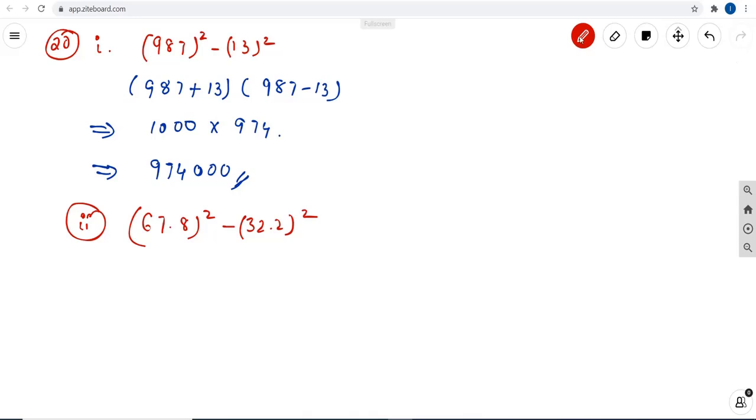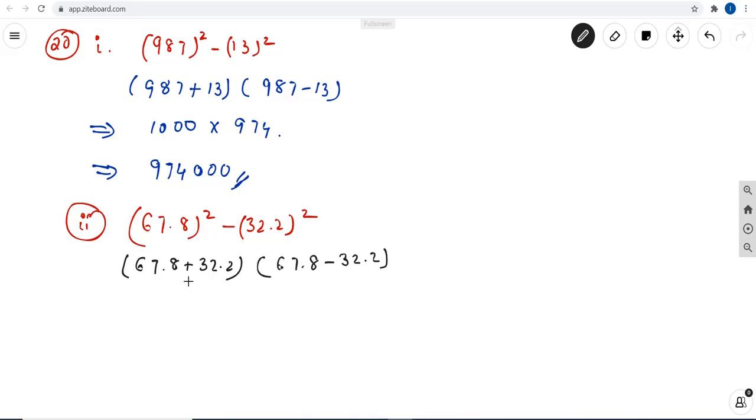Okay, again this is in the form of the A square minus B square formula. So we can rewrite it as 67.8 plus 32.2, one term, and one more term we can write as 67.8 minus 32.2.